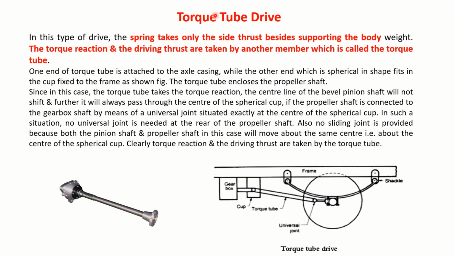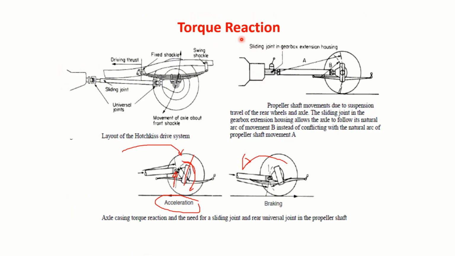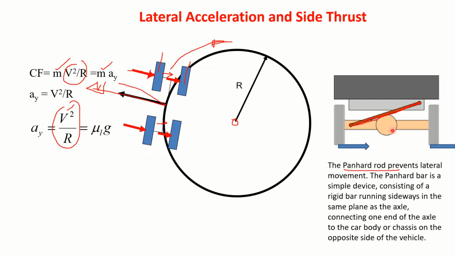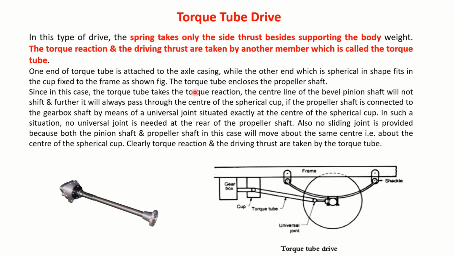In a torque tube drive, the spring takes only the side thrust besides supporting the weight of the body. The other two, driving thrust and torque reaction, will be taken by the tube. Torque reaction and driving thrust are taken up by another member which is called the torque tube.